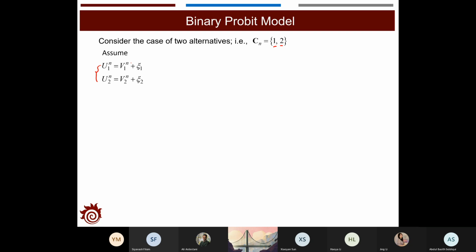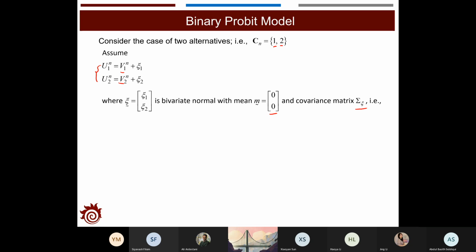Here V1 and V2 are the deterministic components, and the random terms are epsilon 1 and epsilon 2. We assume that they follow the bivariate normal distribution with a mean of 0 and a covariance matrix.